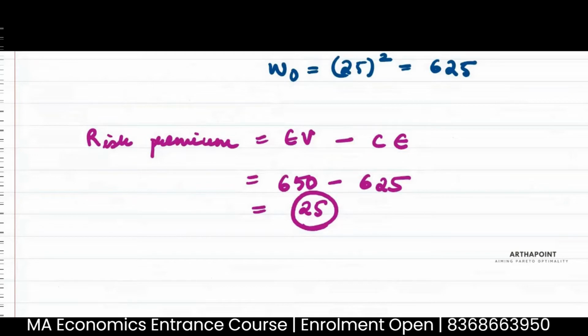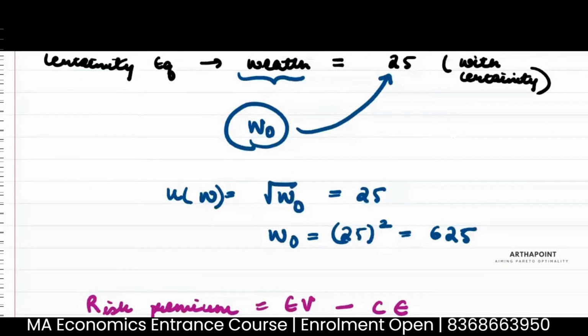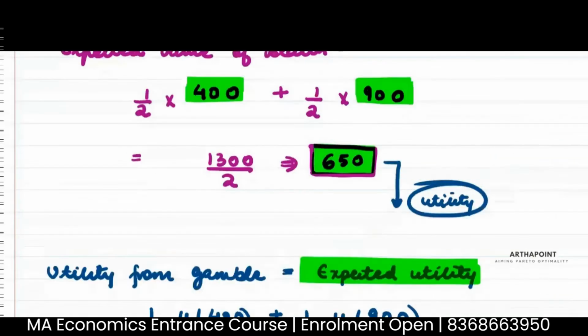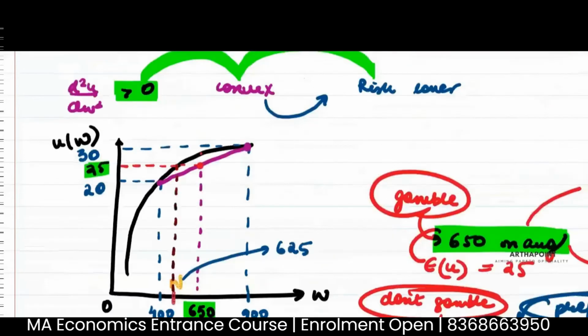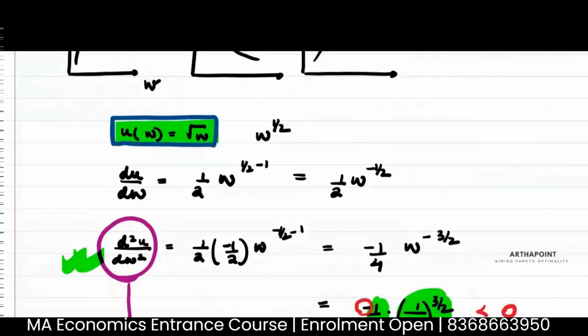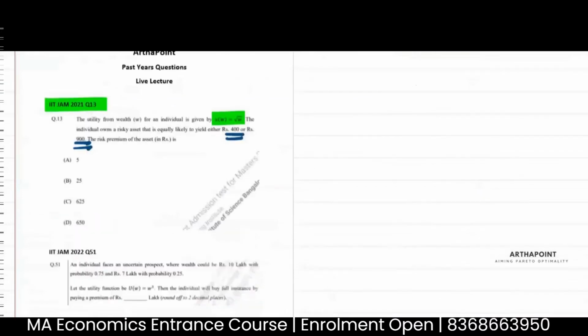They will ask you to calculate risk premium. Now, ideally, it will not take you this much time once you practice. It is very, very simple. You will just find this expected value, you will find its utility, and then you will find this wealth and subtract. So the answer to this question will be 25.